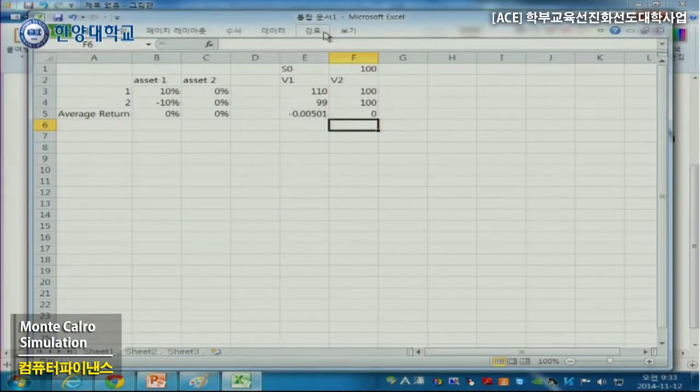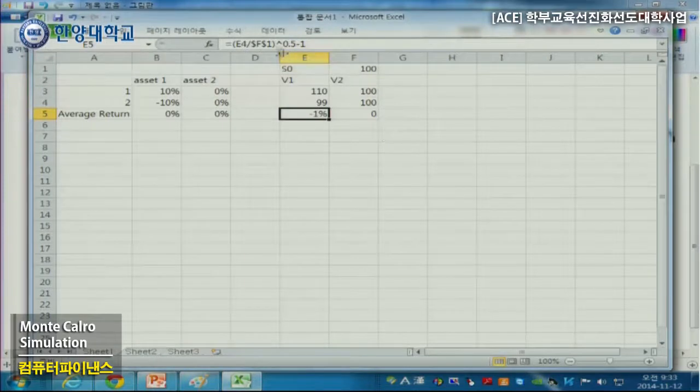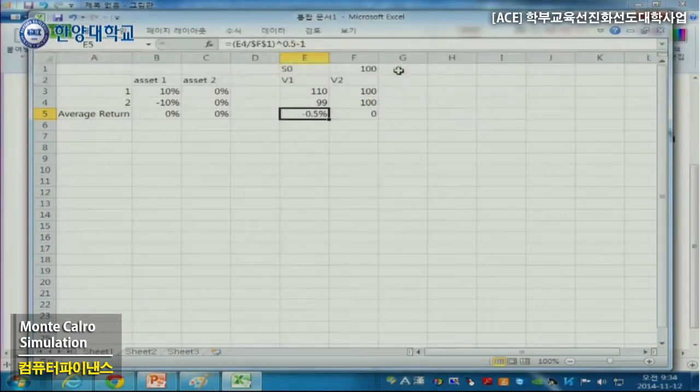Well, actually, even though the average of the return per year is 0% here, it does not mean that actually we are earning 0%. As we have more and more volatility, we are actually losing money. So this is minus 0.5%.